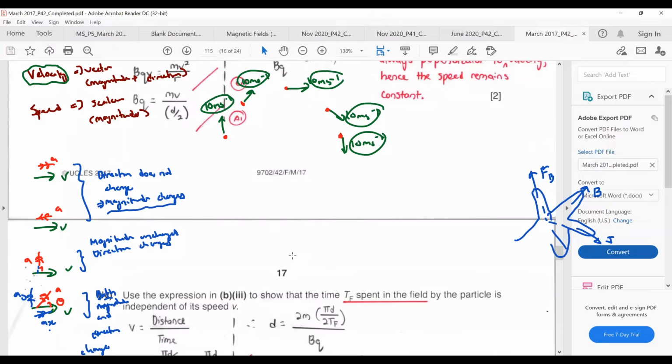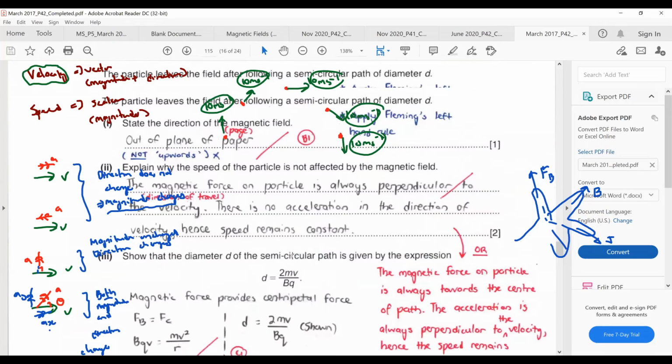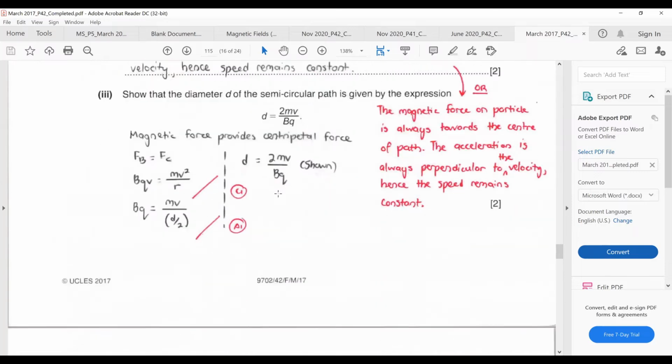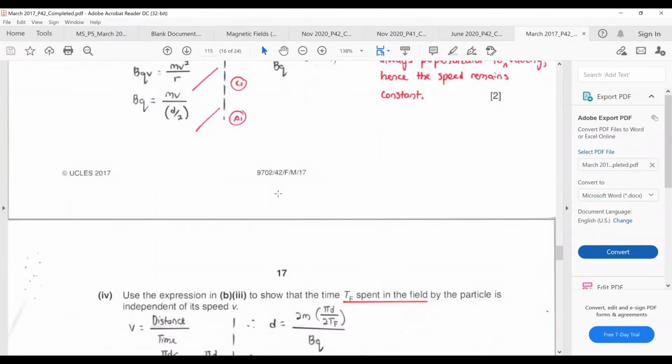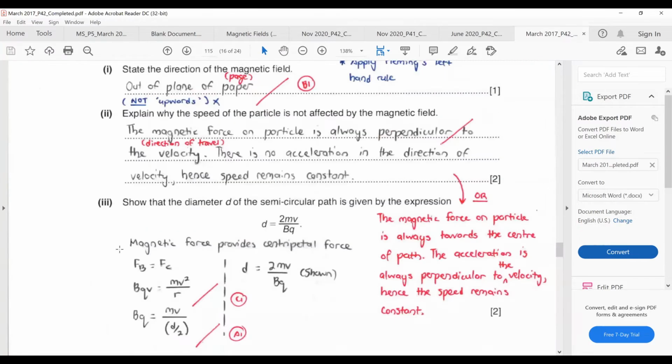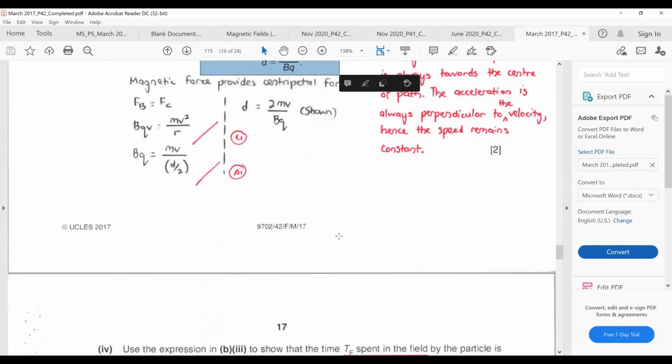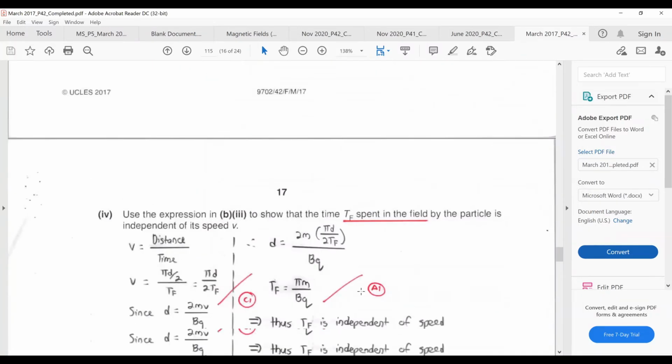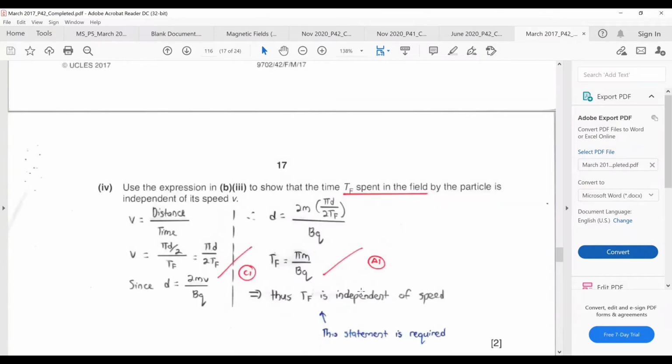Okay, then if you go to the second part of your question: now use the expression in B3 to show that the time T_f spent in the field by the particle is independent of speed v. Now when your charged particle was moving, it was moving in a semicircle.